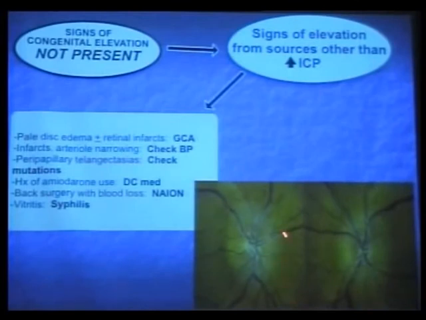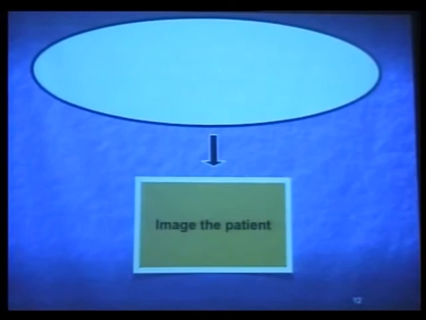And this is a patient who had bilateral swollen discs and a couple of cells in the vitreous and turned out to have syphilis. So there are other causes of bilateral acquired swollen discs that are not due to increased intracranial pressure, but largely there are other clues, like in this one, the cells in the vitreous, in the hypertensive, the infiltrates, etc. If you really cannot tell if the patient's optic disc elevation is acquired or congenital, I think it's reasonable to do an MRI scan on the patient.